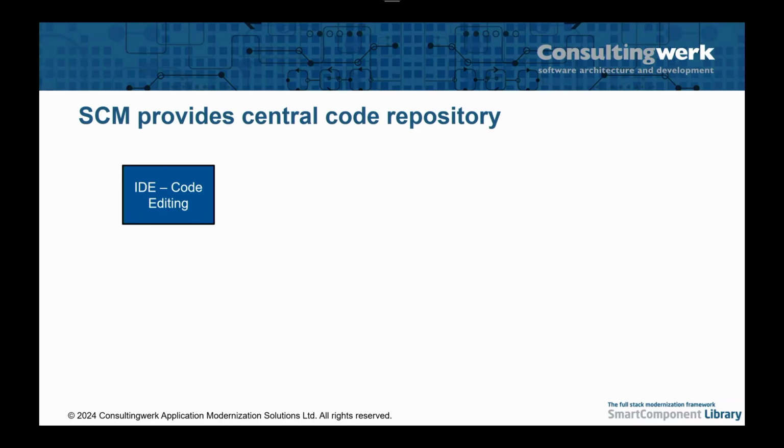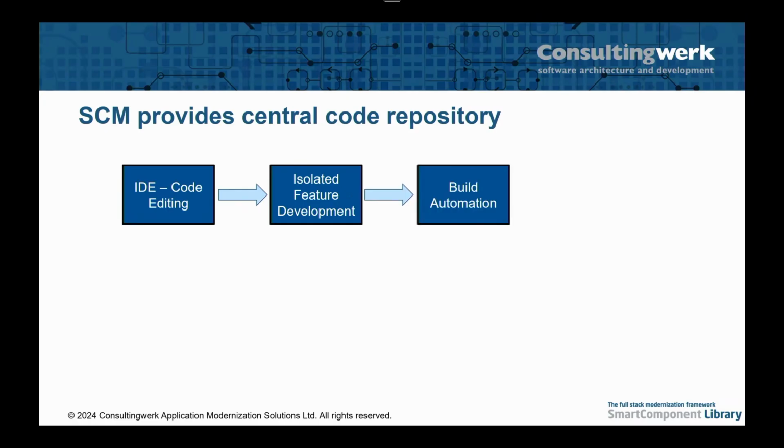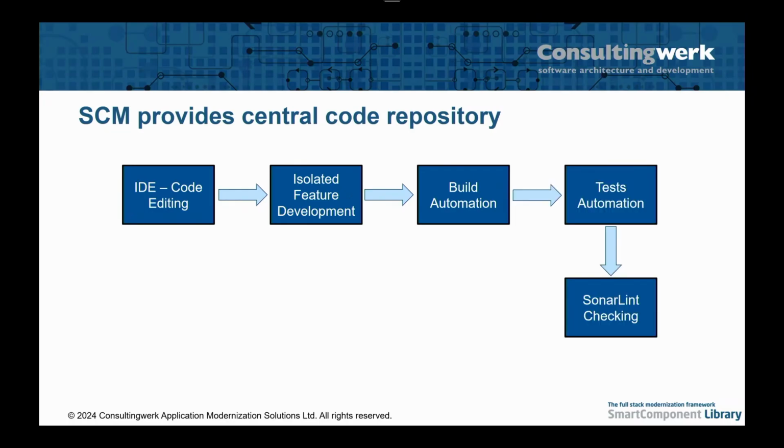So the SCM tool, when we look at a larger tool stack, well, that's where you edit code, and then the SCM tool should be taking care of isolated feature development, so feature branches and how you merge them together. The way that the source code is delivered to build automation is through the SCM tool. Test automation, the same. Code checking, linting, the same.